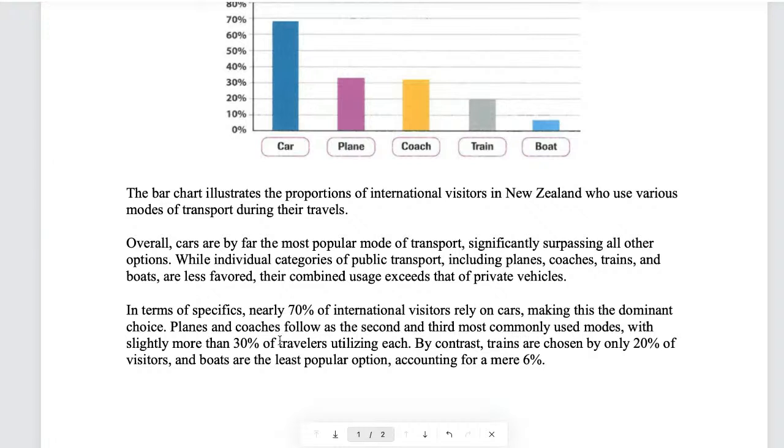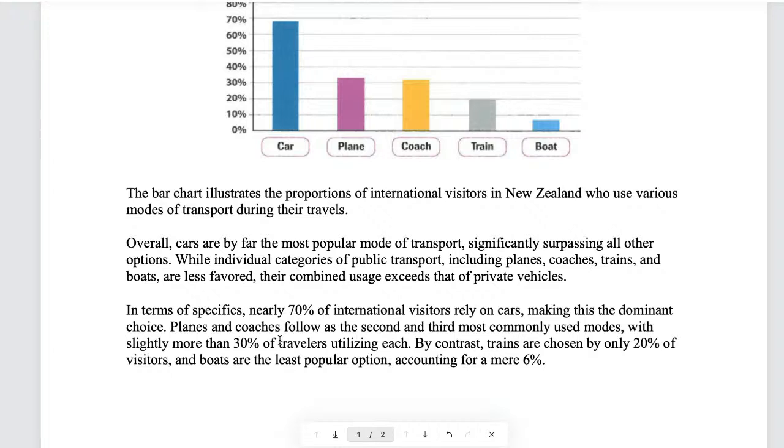Planes and coaches follow. Planes with S. We're talking about plural form. Yeah. Okay, guys. Planes and coaches follow as the second and third.